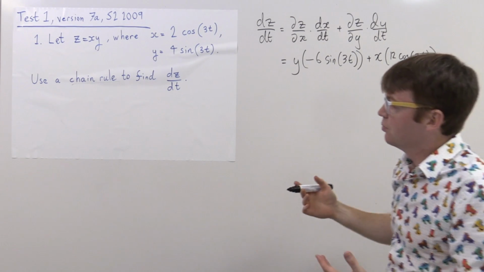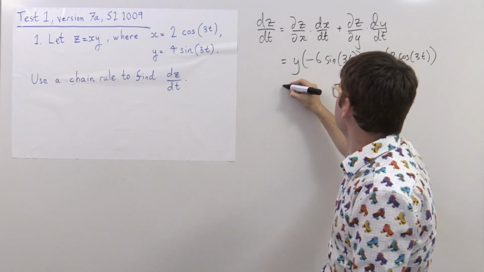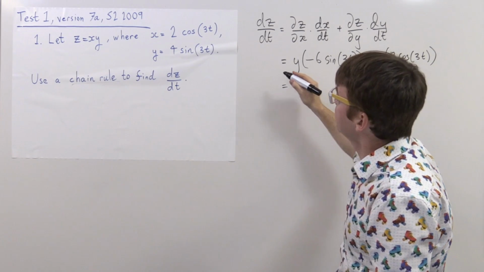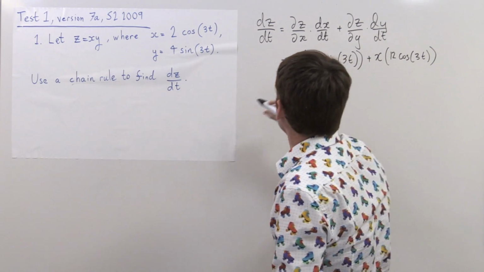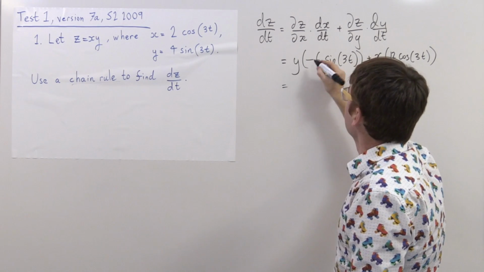And now I fill in what x and y are in terms of t. y is 4 sine t, so that's 4 sine t.